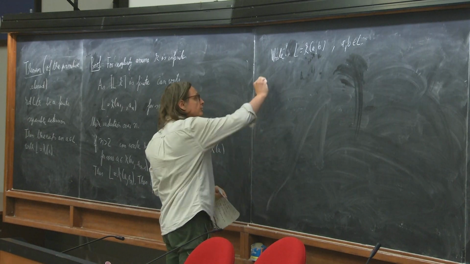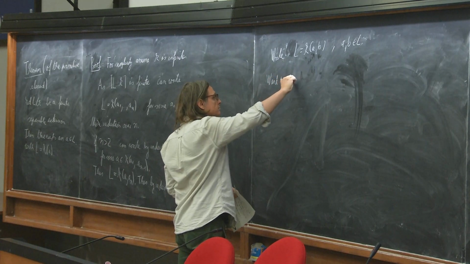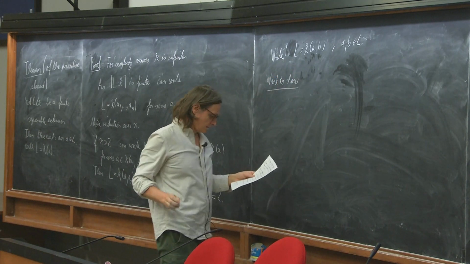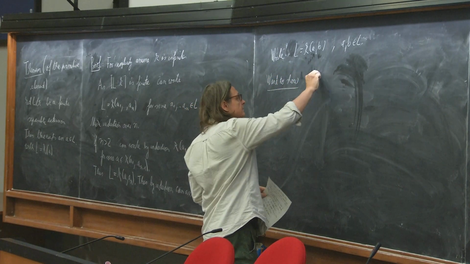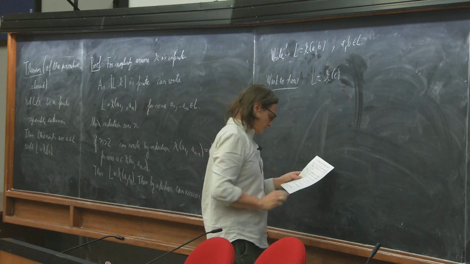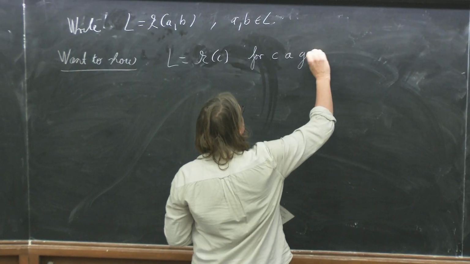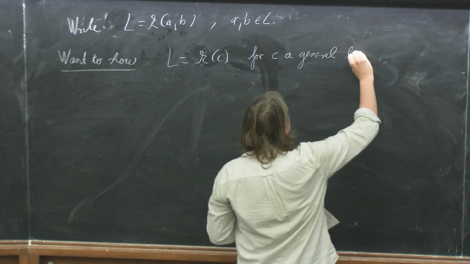So we want to show L is equal to K(c) for c a general combination.